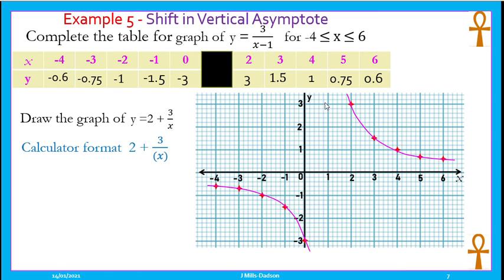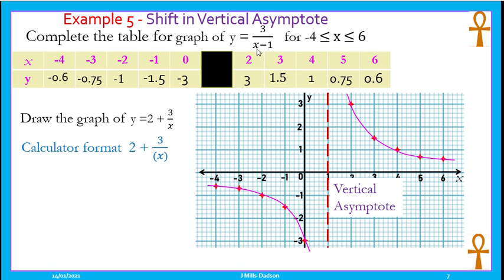And this line is called x equals 1. So you see there's going to be a shift in the vertical asymptote. It will move from x equals 0 to x equals 1. The vertical asymptote will move from x equals 0 to x equals 1. So there's a shift in the vertical asymptote.